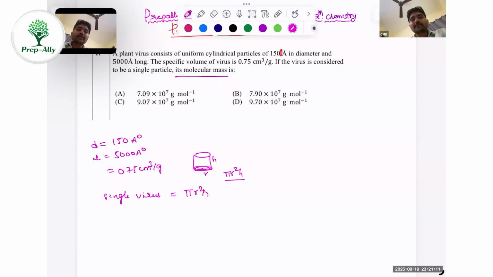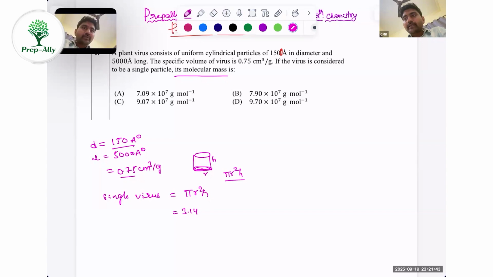Now if you substitute 3.14 for pi, and r, and h. They have given 150 angstroms in diameter, and length is 5000 angstroms, which is literally the height. Height is 5000 and diameter is 150 angstroms.